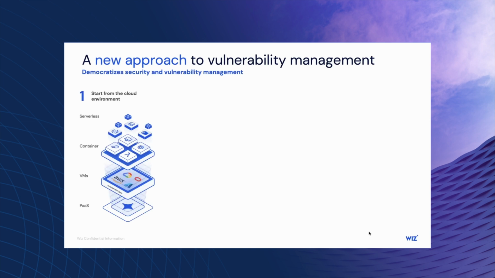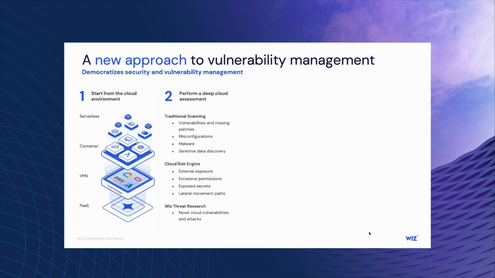Start with the cloud environment first, from PaaS to VMs, container and serverless. You don't necessarily want to care where the vulnerability is. You just want to see where it exists and where else it's related to throughout your network for that whole pipeline view. That allows you to perform deep cloud assessment using traditional scanning methods, whether it be vulnerabilities and missing patches, misconfigurations, malware, sensitive data discovery, but also external exposure, excessive permissions, exposed secrets, and does a path of lateral movement exist?